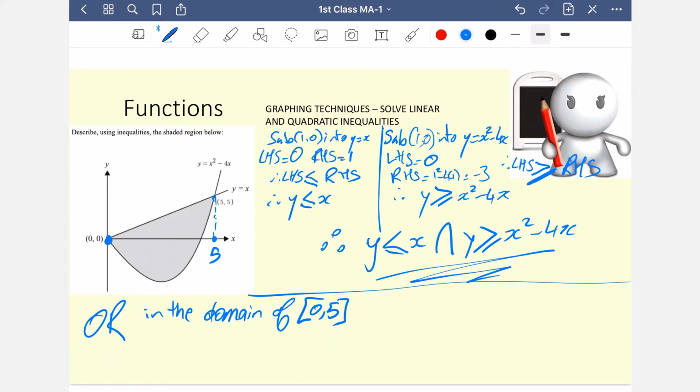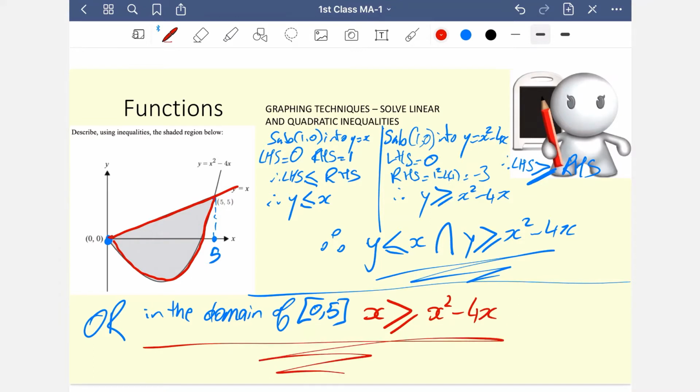Now the domain only talks about x values, okay? This graph, y is equal to x, sits above this graph over here. Alright, so x is greater or equal to x squared minus 4x. And that is your alternate answer.